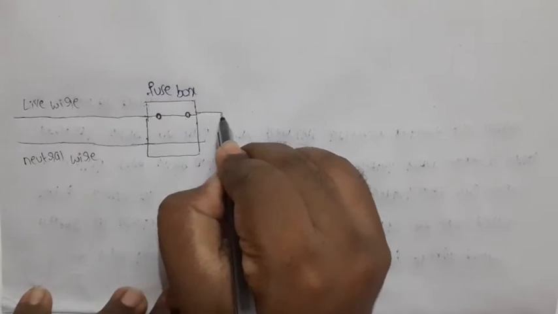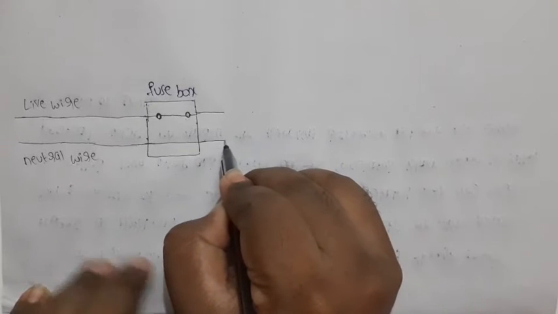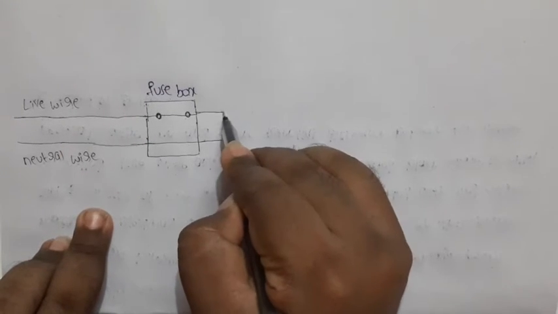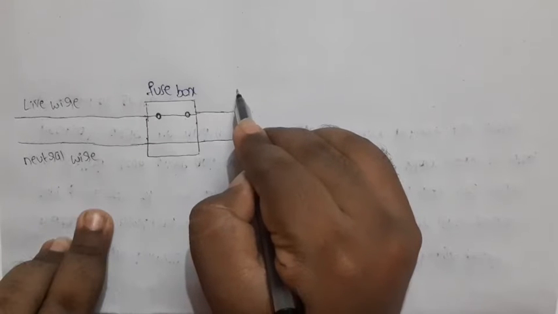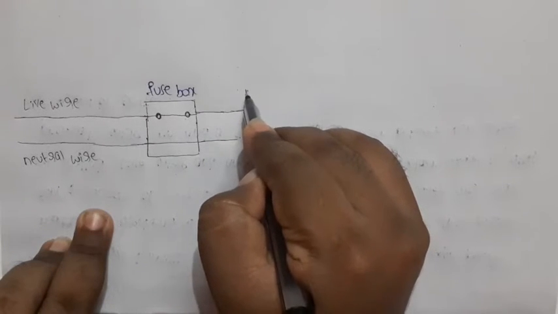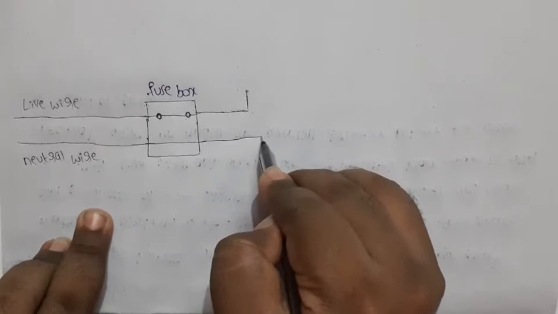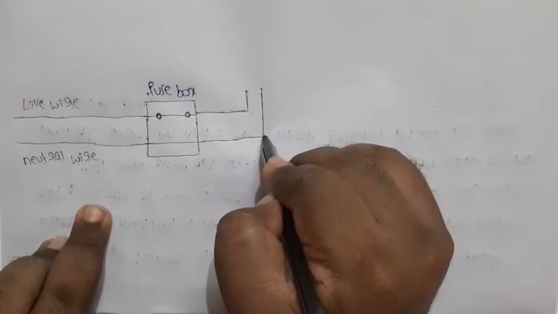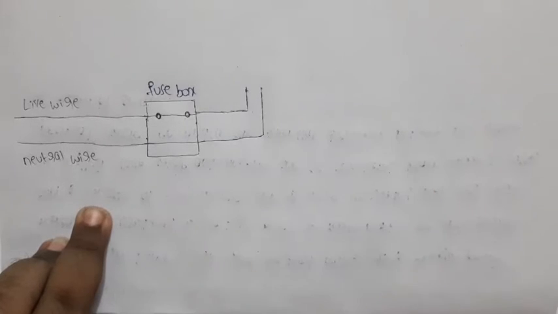Next, the live wire and neutral wire are connected to the power meter. In our homes, we have already seen power meters. Through the power meter, we receive the power supply.